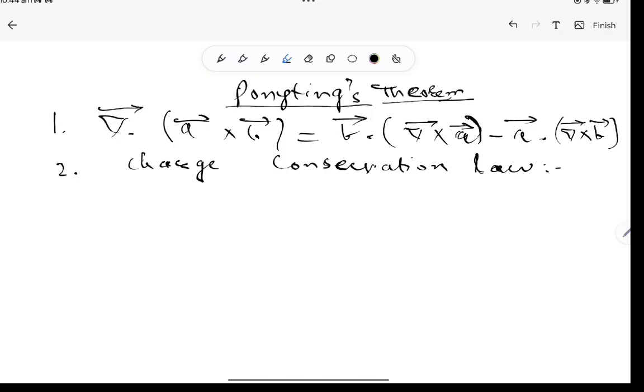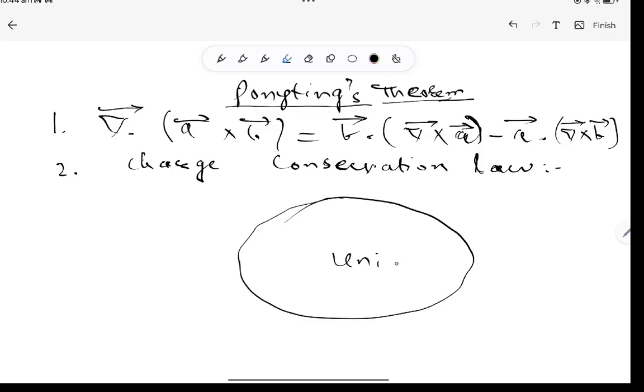Now there are 2 aspects in which one can look at the charge conservation law. For example, thinking of the whole universe. Suppose this is the whole universe, and it has charged particles, electric charge within it.